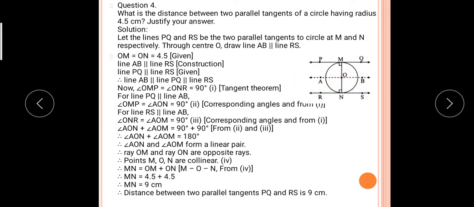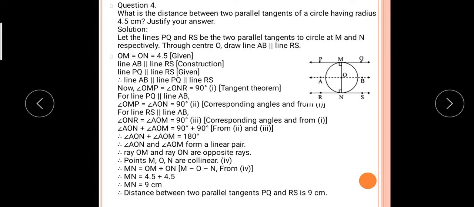Now, what are OM and ON? If you draw OM and ON, they are radii of the circle, that is 4.5. Now line AB is parallel to RS by the construction, and PQ is parallel to RS. Therefore all these three lines are parallel to each other.